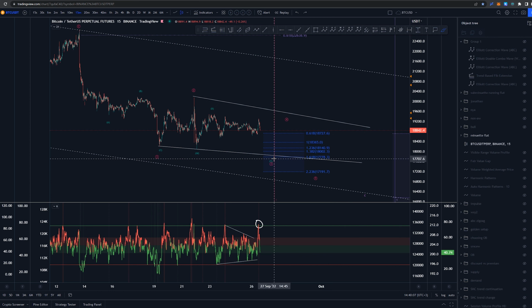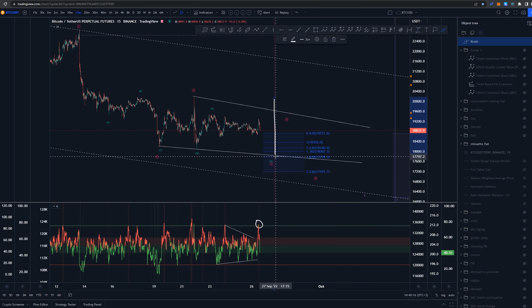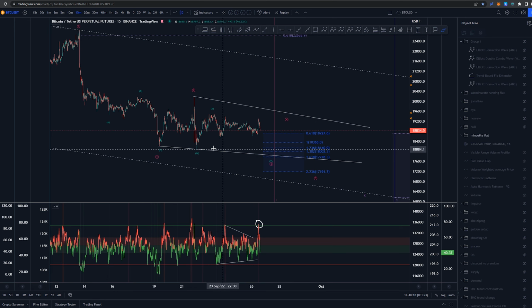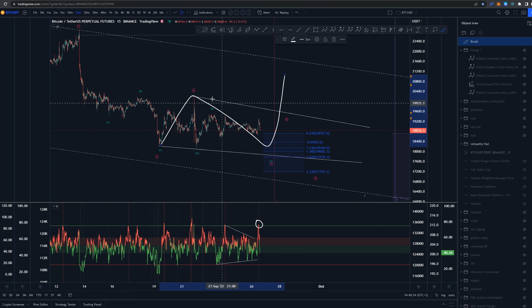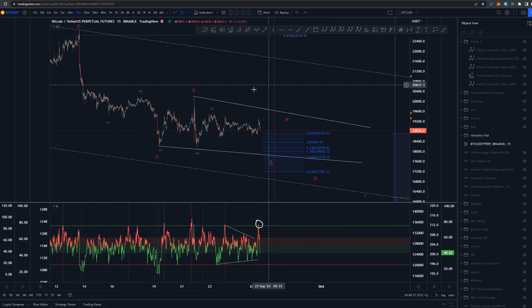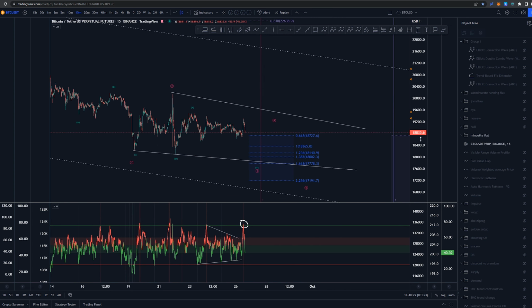So that's why I'm keeping this as a soft invalidation. If the price gets to this area, or if the time gets to this area here, and we have not taken out these lows, then we could still be in that wave 2, overall creating something like that possibly for that wave 2. But we'll look into that later if that happens.